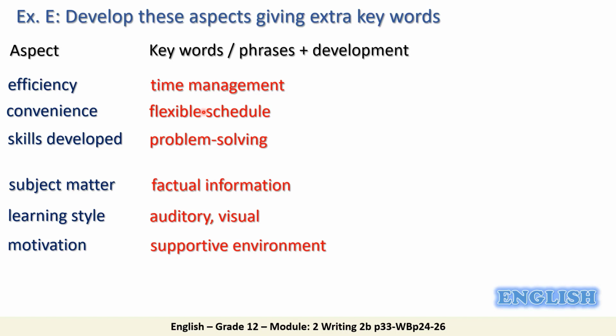What you are asked to do here is to give extra keywords. Again, you are training your mind to create, to brainstorm for extra keywords and ideas in order to use them in the writing process. So stop here, take 3 minutes, try to think of extra keywords, and then follow for clarification.